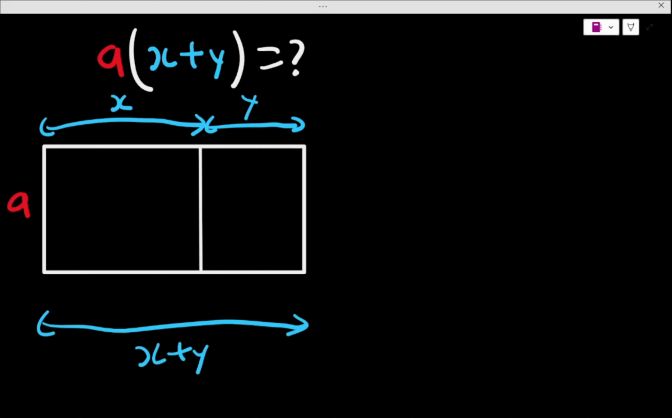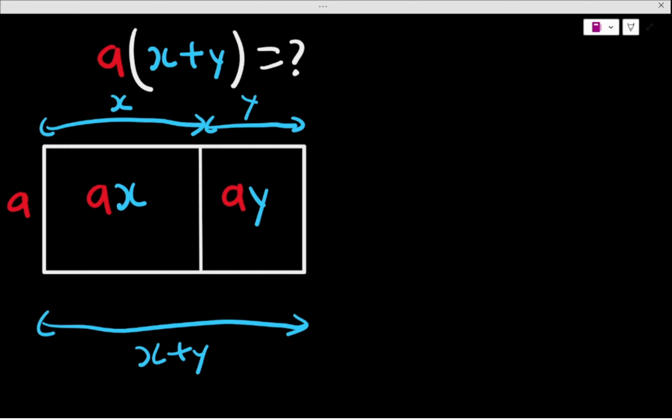So, what's the area of this rectangle right here? Well, it's going to be a times x, which means that it's going to be ax. What about this rectangle right here? Well, it's going to be a times y, which we know is equal to ay.